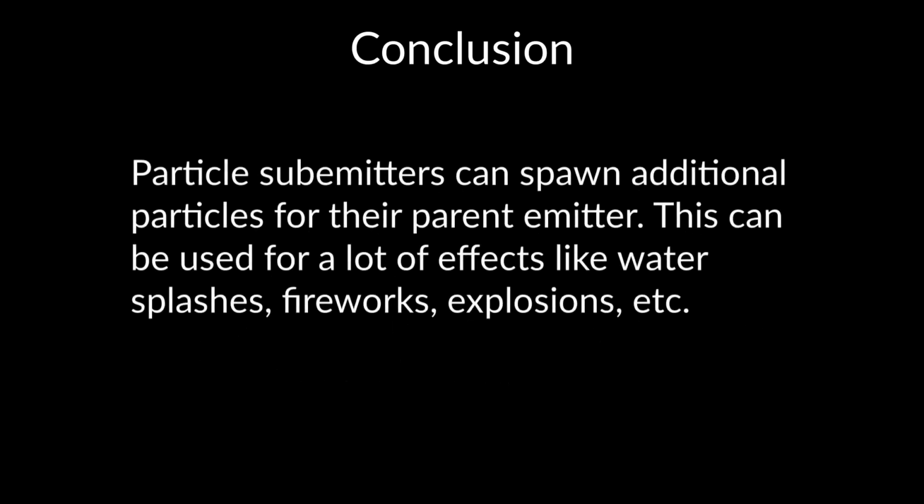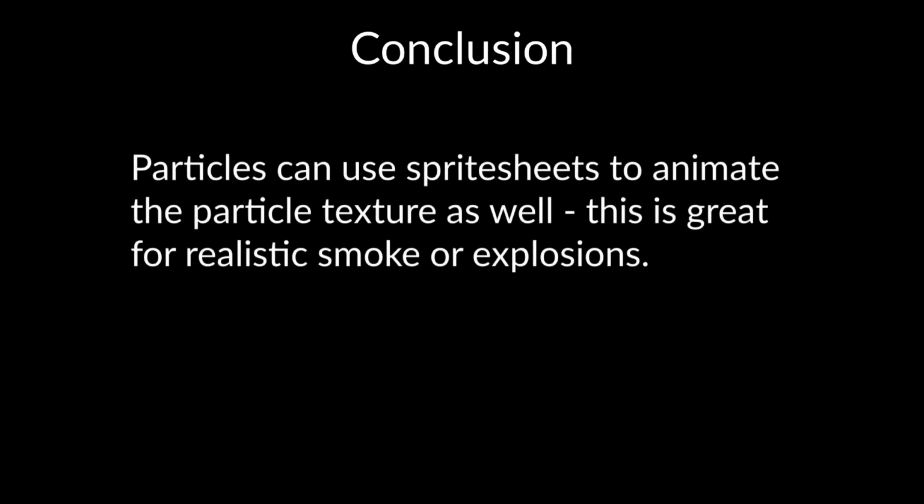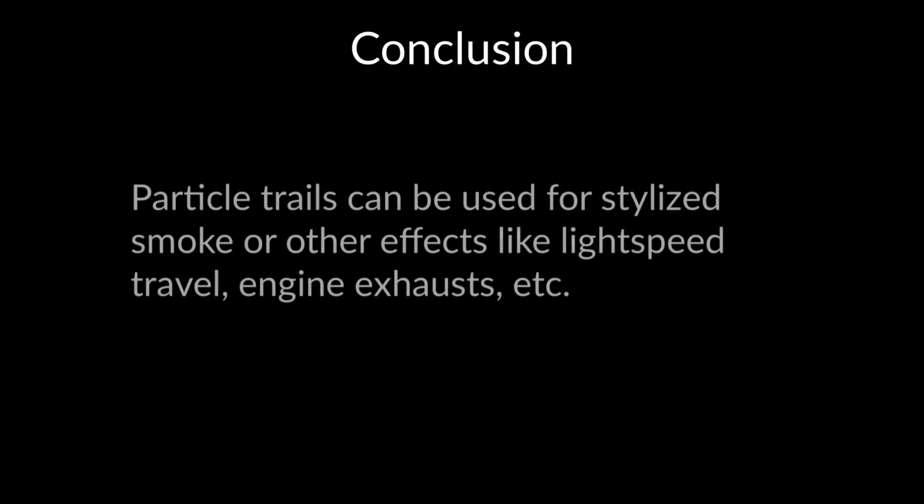We learned how we can use sub-emitters to spawn additional particles when a particle collides, like the water splashes for our rain. Finally, we learned how to use spritesheets to animate our particles, to get more realistic effects like smoke, and how to use particle trails to create a more stylized smoke effect.